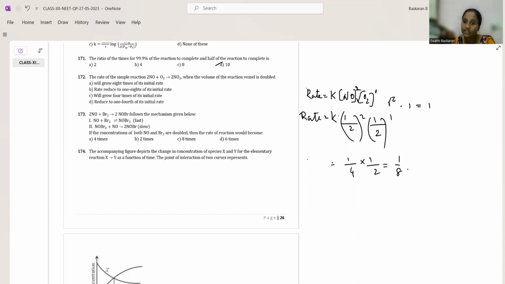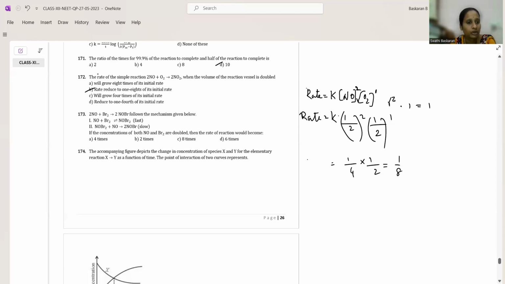So if the pressure is reducing, definitely the rate of the reaction will also reduce. Hence the 1 by 8 value would mean the rate grows 8 times the initial rate. Will that be correct? No, obviously. There can't be an increase in the rate, and hence the rate should be reduced to 1/8 of the initial rate. So option B would be the correct option for question number 172.